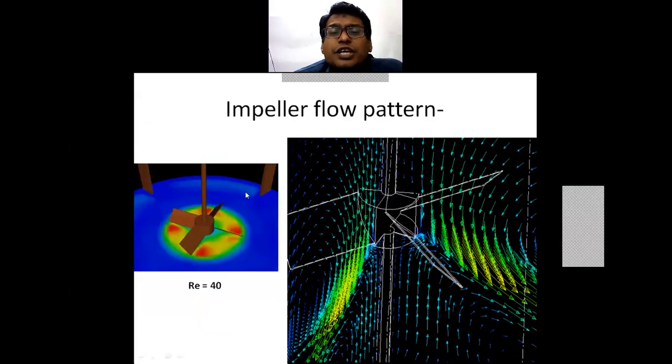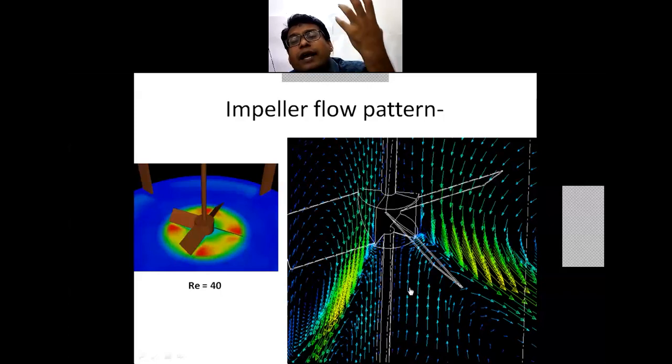So each impeller is going to provide a different type of velocity vector. These are again velocity vectors in the right hand section of this figure. There are long velocity vectors, and on the left side there are short velocity vectors. That means the velocity is low, and you can observe the downward movement as well as the upward movement of these velocity vectors, which means the fluid is moving in the upward direction as well as in the downward direction.